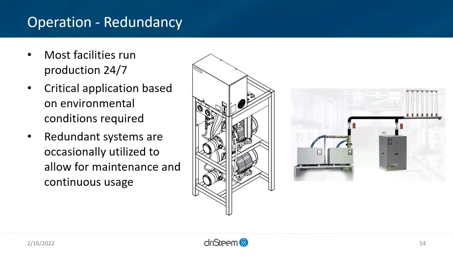So, operation around redundancy. Again, most facilities run production around 24/7, and they have critical applications based on the environmental conditions required. So what do we do to help those customers maintain a high level of quality and set point around RH?